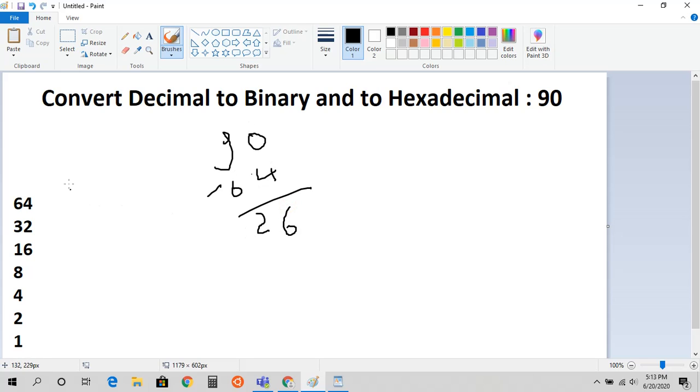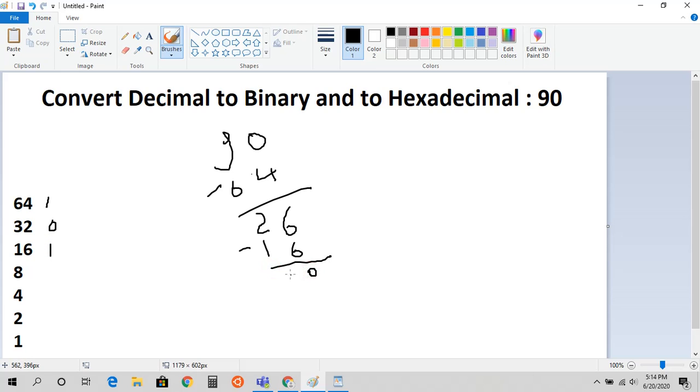So I'm going to put 1 here. Is 26 bigger than 32? No, so I'm going to put 0. Is 26 bigger than 16? Yes, so minus 16, and I'm going to put 1 here.